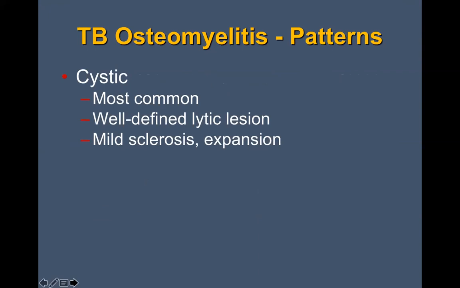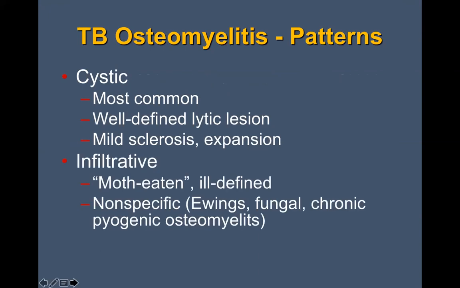The patterns of involvement are usually they're going to give you an osteolytic lesion, like we saw in that femur, usually with some peripheral sclerosis and a mild degree of expansion of the bone, not a profoundly expansile lesion. But occasionally they will have a very infiltrative pattern that will make the bone look somewhat what we call moth-eaten, because it has multiple small areas of destruction, and that might suggest other types of destruction, even tumor like a Ewing's sarcoma.